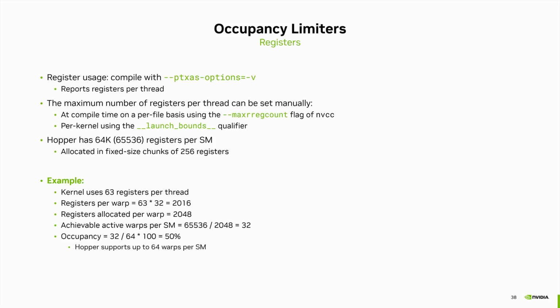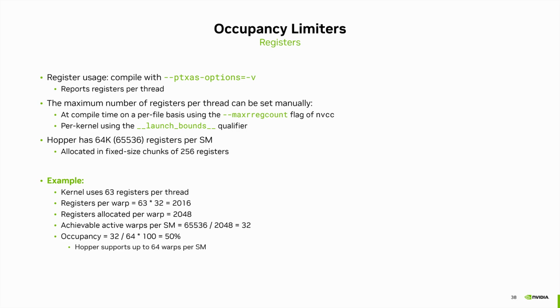So let's assume we have a kernel that uses 63 registers per thread. Okay, so this means that we have around 2016 registers per warp, but registers are allocated in fixed chunks of 256. So this number is actually rounded up to 2048.